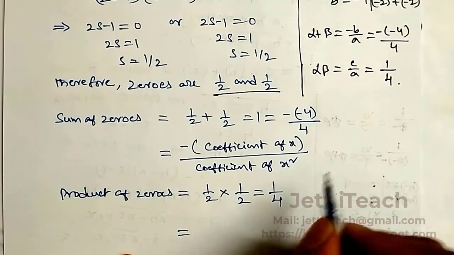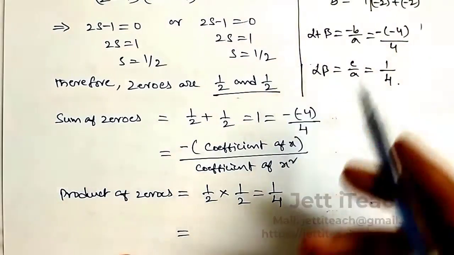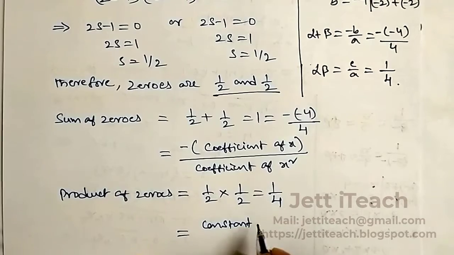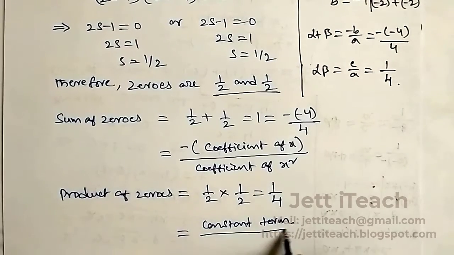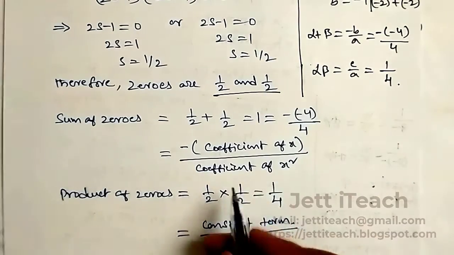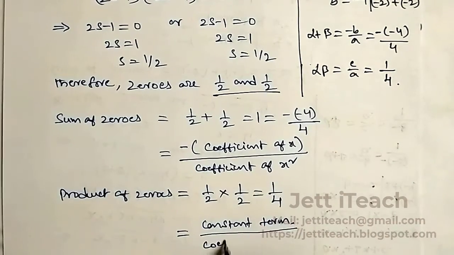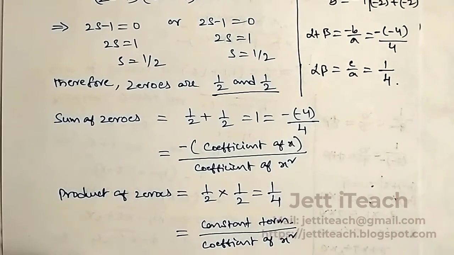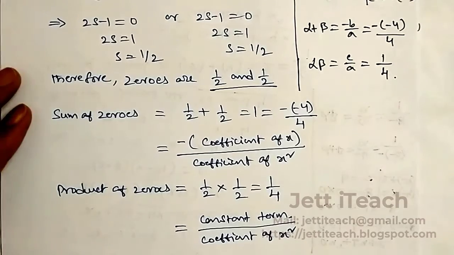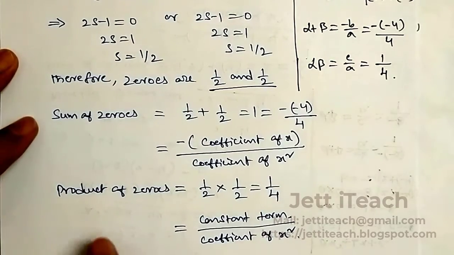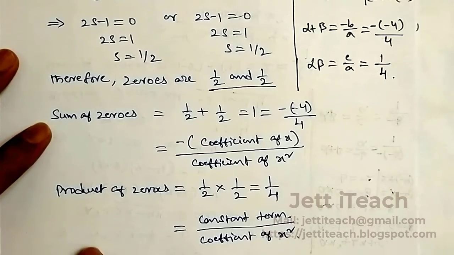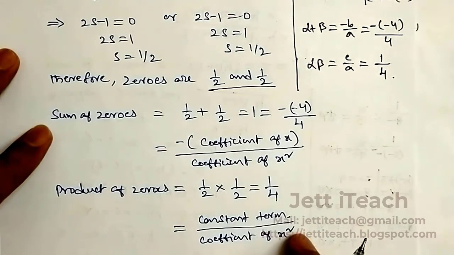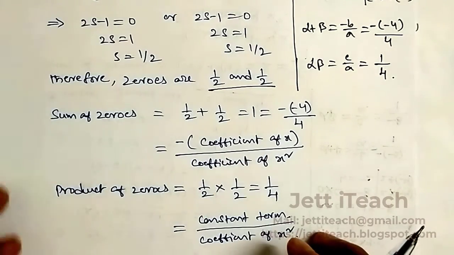Now, what is 1 and what is 4? 1 means c, and c means the constant term. 4 means a, and a means the coefficient of s square. Okay, we found the relationship between the sum of zeros and product of zeros and the coefficient of s square and constant term.